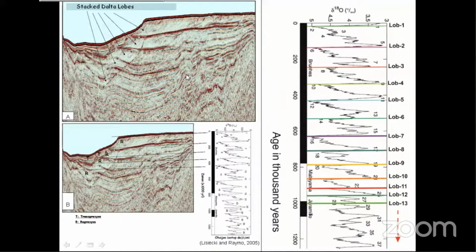The upper unit consists of stacked delta lobes, whose source is the Küçük Menderes River, and I correlated these stacked deltas with the oxygen isotopic stages, and I gave the upper unit the age of the Pleistocene stages, and I'm continuing with the correlation again.